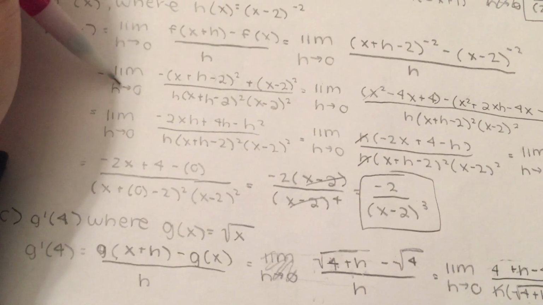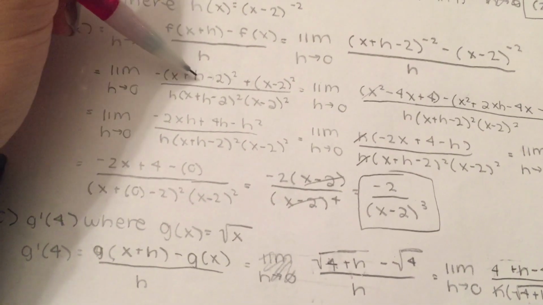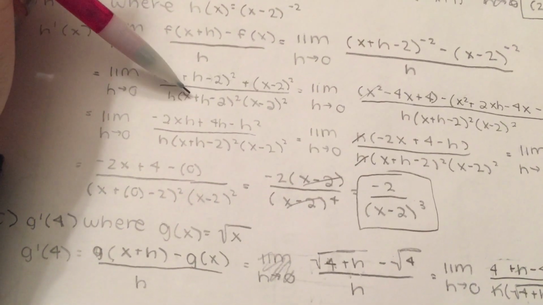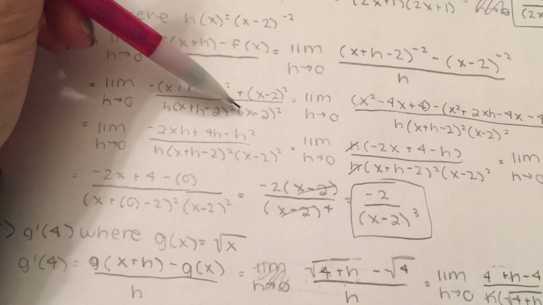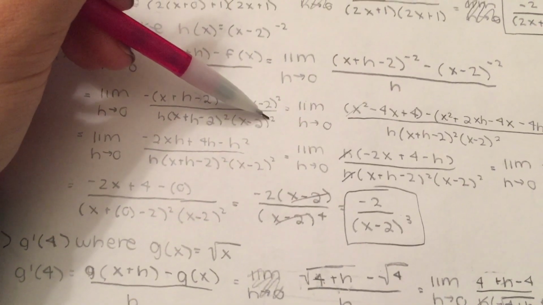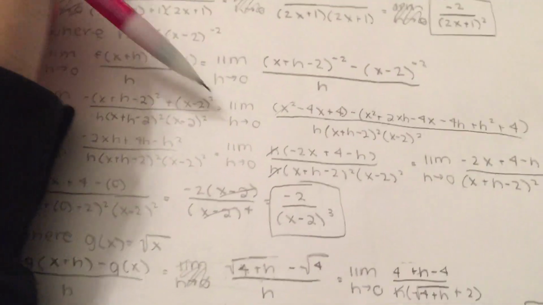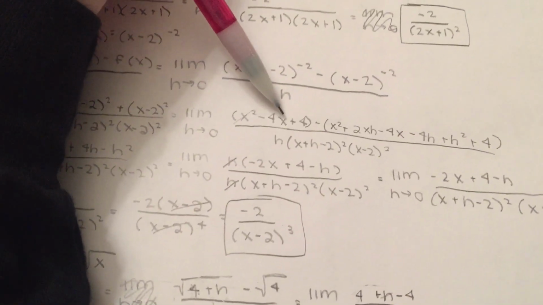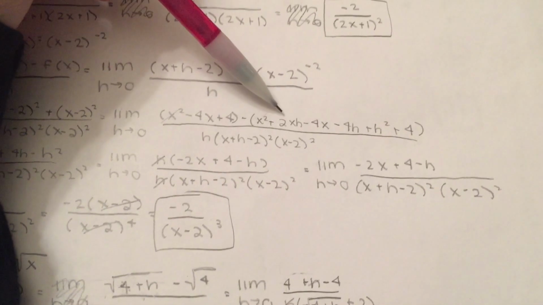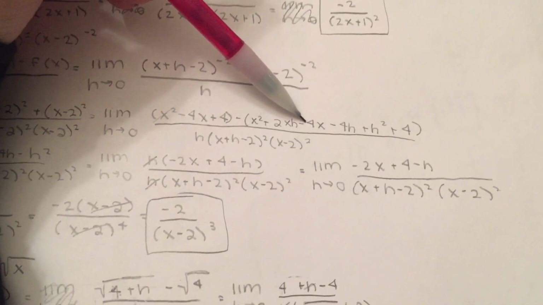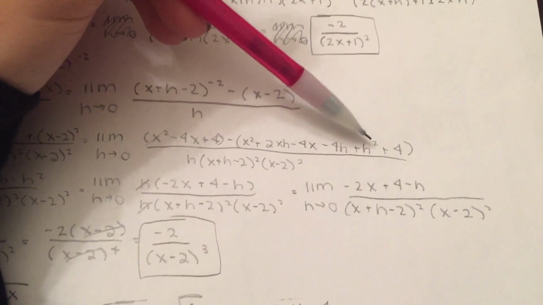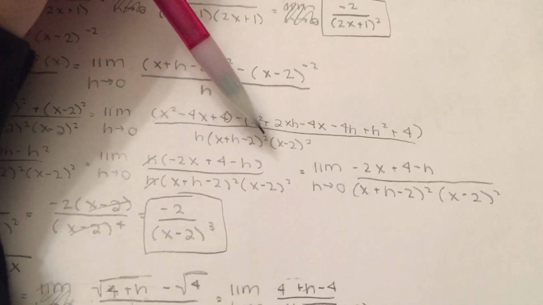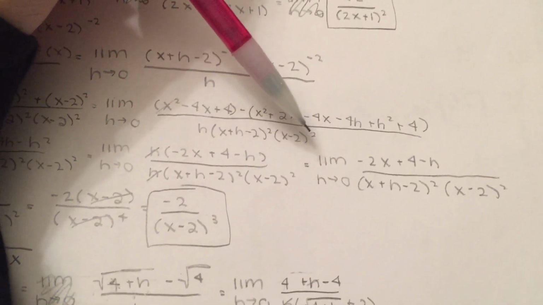So then it becomes the limit as h approaches 0 of negative (x plus h minus 2) squared plus (x minus 2) squared over h times (x plus h minus 2) squared times (x minus 2) squared, which expanded out is the limit as h approaches 0 of x squared minus 4x plus 4 minus x squared plus 2xh minus 4x minus 4h plus h squared plus 4, all over h times (x plus h minus 2) squared times (x minus 2) squared.